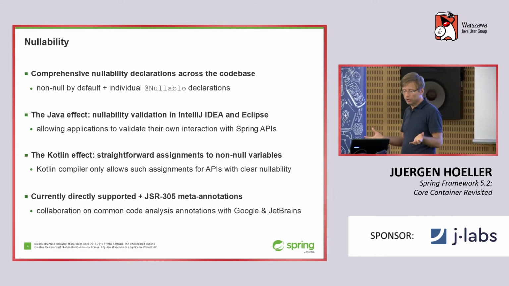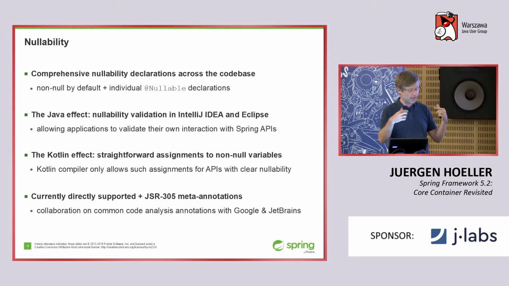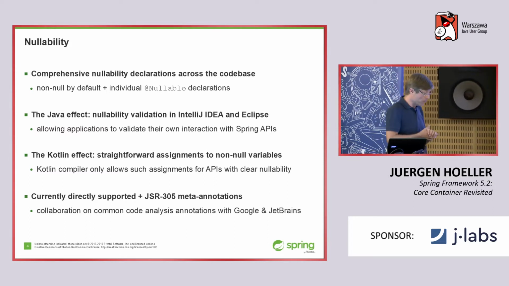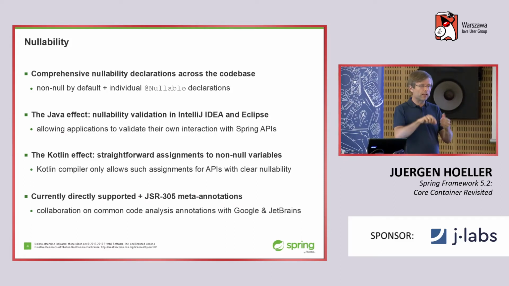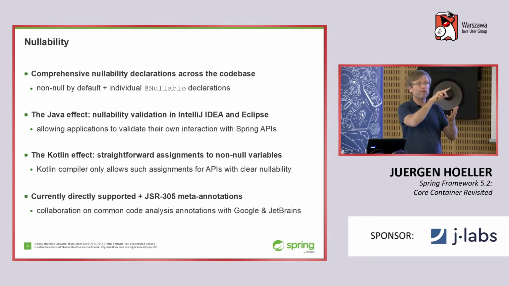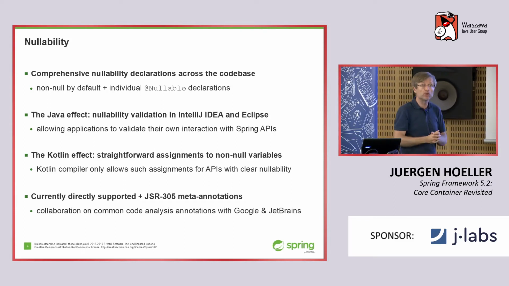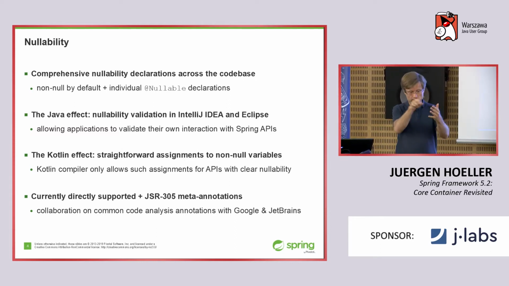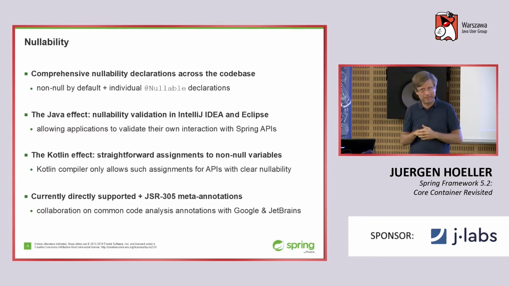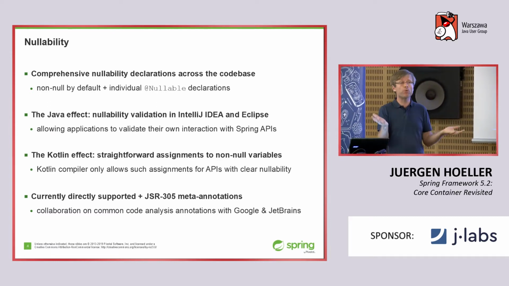There are several inspections in IntelliJ, like the constant conditions and exceptions, which is the most interesting one, because it doesn't just validate the signatures. It looks at the entire flow of the code and double checks the assumptions that you're making in your code. So if you're saying this can never be null, does the code actually properly handle this? If this can be null, does it properly handle it? And it goes both ways.